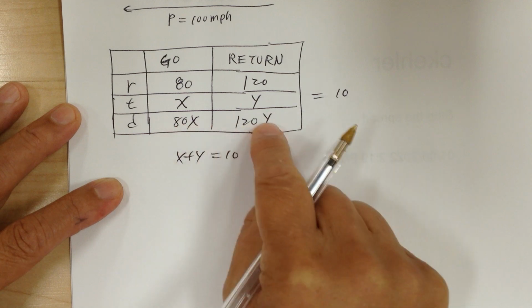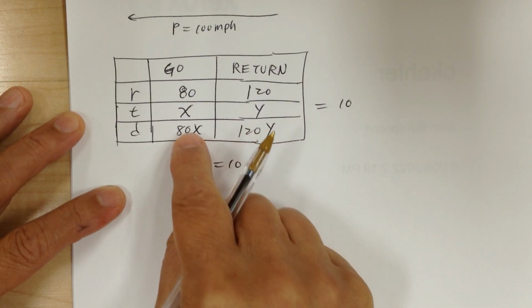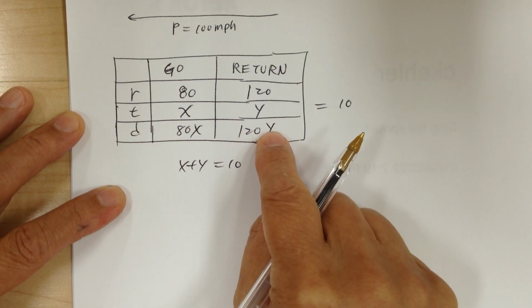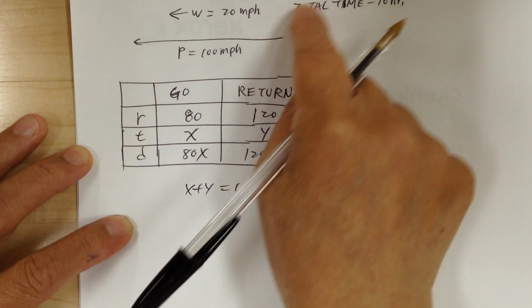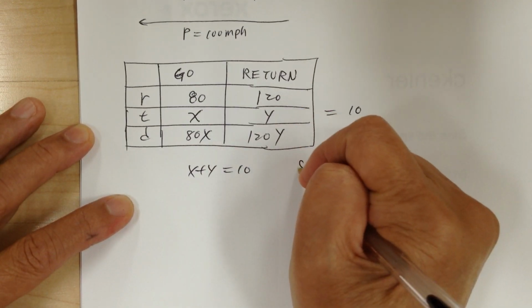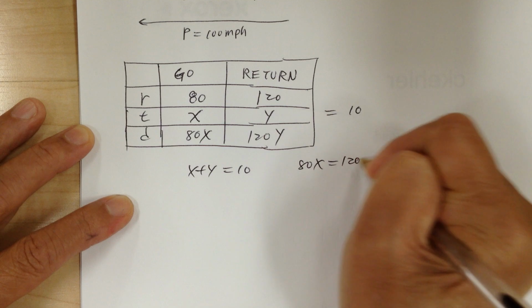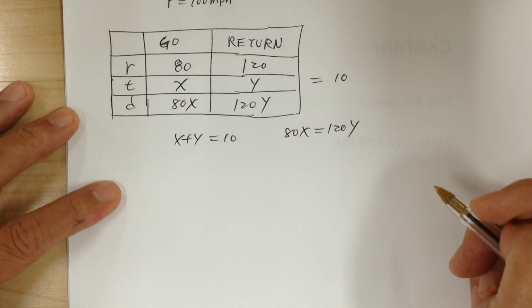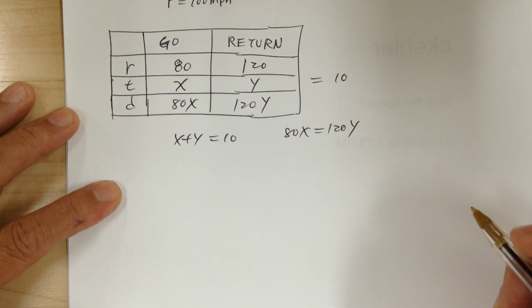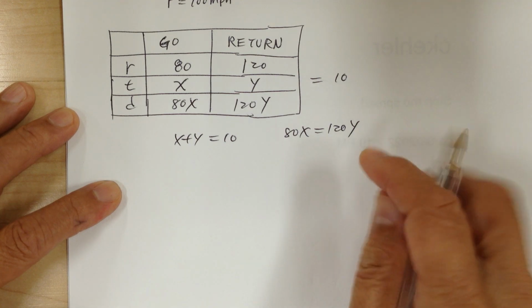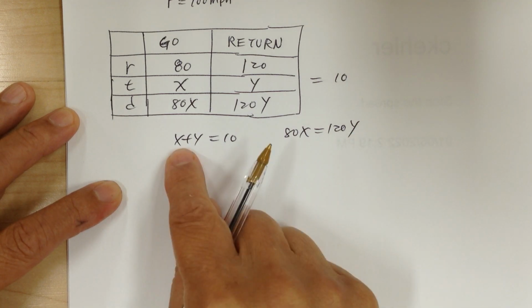The other equation is based on the distance. This is the distance going, this is the distance coming back, and since they're going the same route, the distance going will equal the distance coming back. Now let's solve for x so we can substitute.